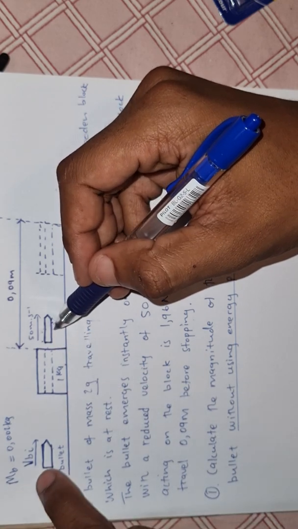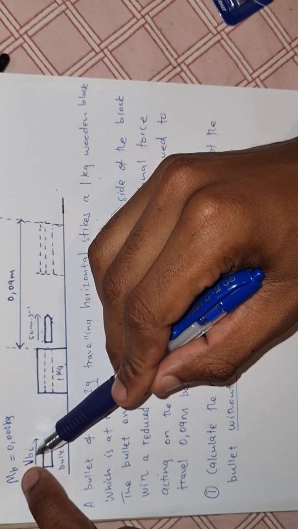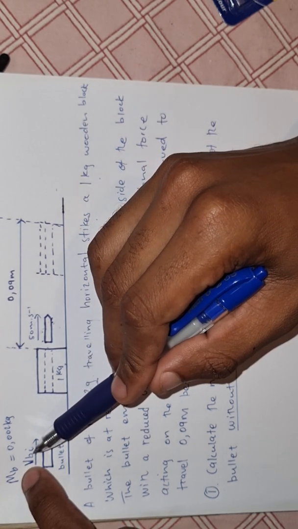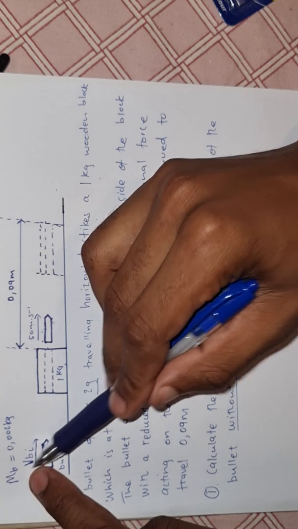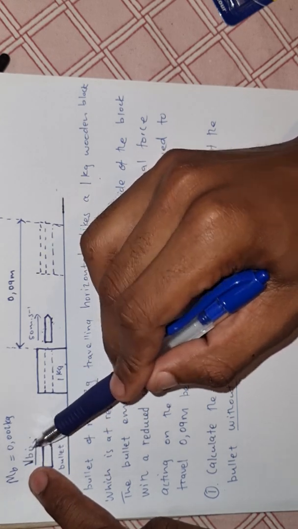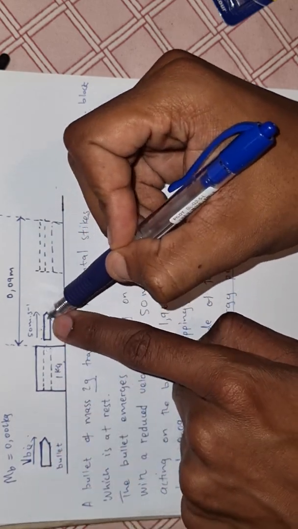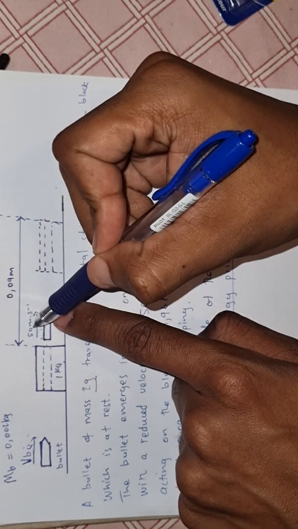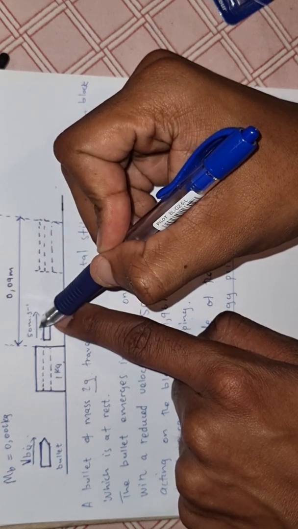Initially, the bullet had a certain velocity, but we do not know the magnitude of that initial velocity. We do not have it. But after collision, the very same bullet will emerge on the opposite side of the block, and now the velocity of this bullet will be reduced to 50 meters per second.